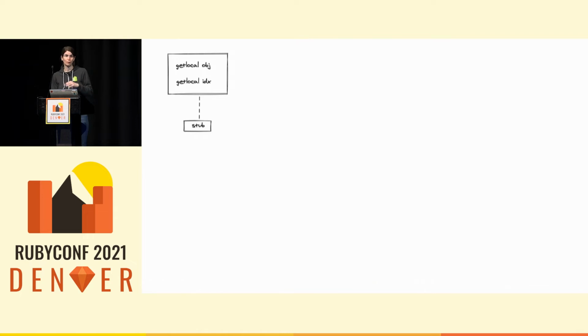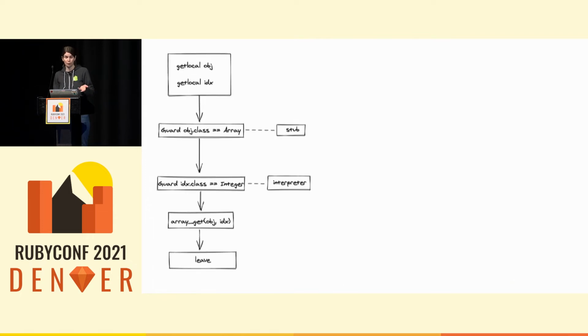Then when we get to that point, we're going to peek at the types that we see. In this case, the first time we call this, we have an array and an integer key. We're going to generate guards and specialized code that check for the case where we have an array and an integer key, and we generate an optimized array get. And then we install a stub to handle other possible cases in the future.